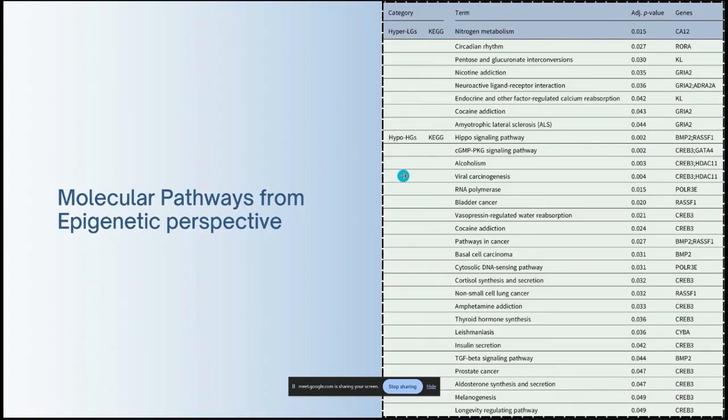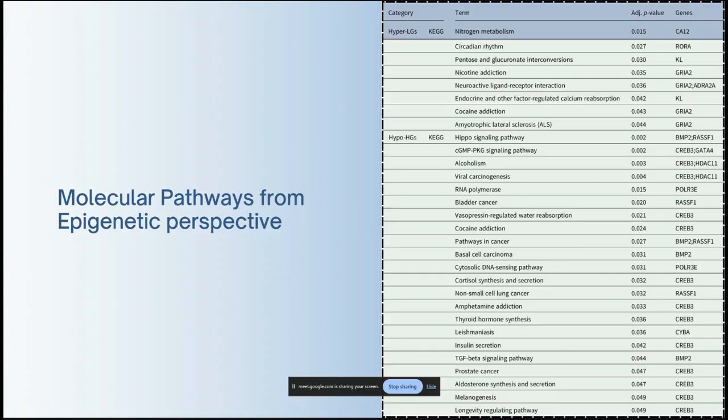For hypo-HGs, or hypomethylated high expression genes, these genes were enriched in pathways such as the HIPPO signaling pathway, cGMP-PKG signaling pathway, alcoholism related pathway, viral carcinogenesis, RNA polymerase activity, etc. The HIPPO signaling pathway regulates cell growth, survival, and development.